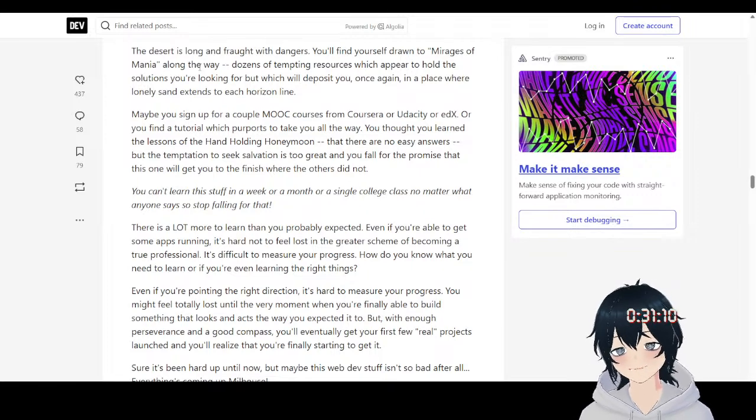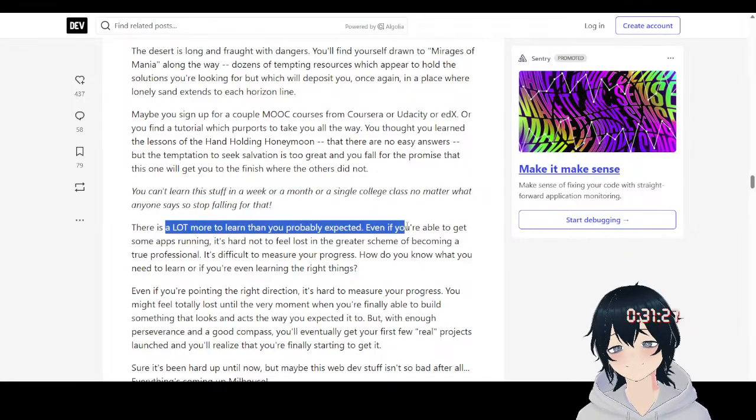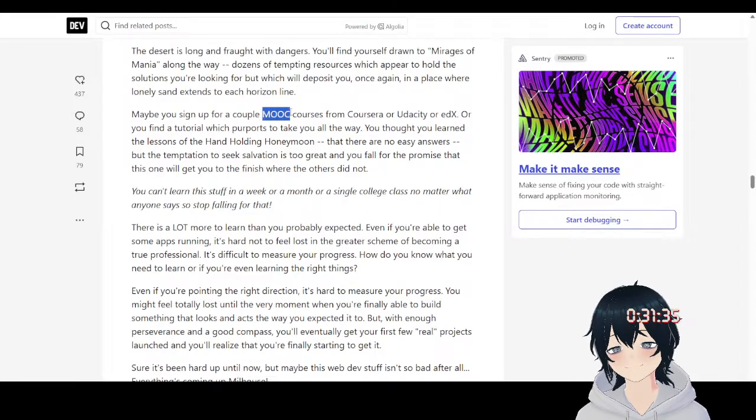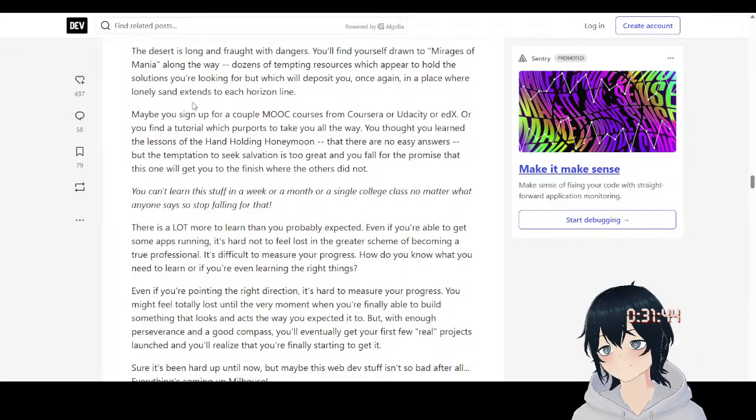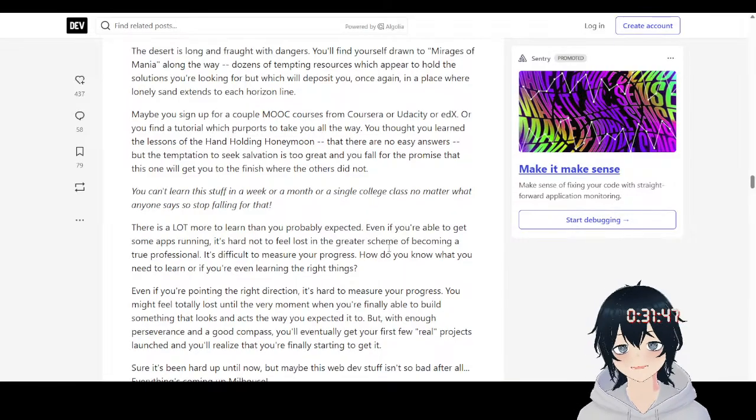Mirages of Mania. So I tried one of these and I couldn't follow through. I'm just afraid this will be the same. But I've got time. I've got time.